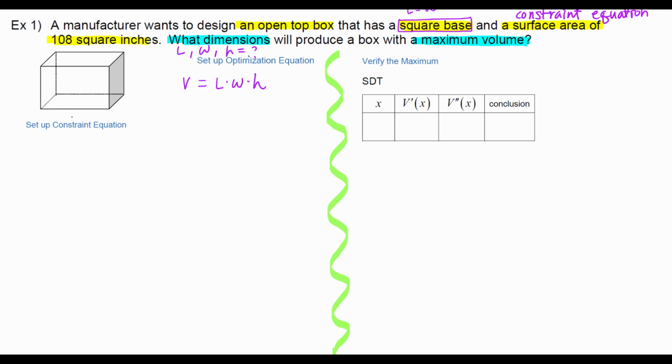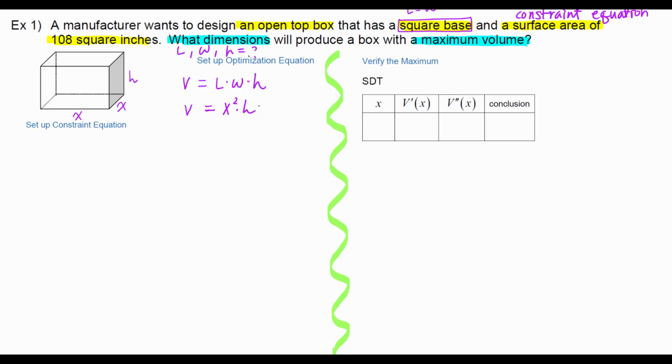So you can call the length x, you can call the width x, and since they didn't say height is the same, height you can leave as h. So then this volume equation is going to be equal to x squared times h. All right, now I came up with the volume equation.